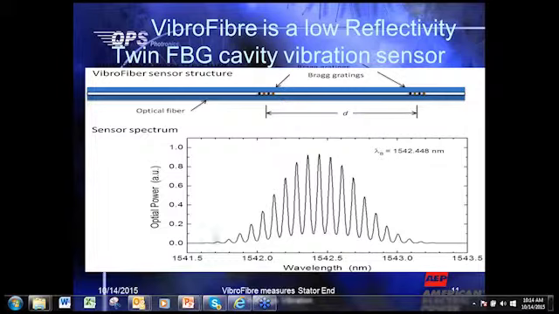As you can see, the envelope shown here is the original grating, and upon the interference, it forms interference fringes which are much steeper and narrower. Typically, let's say this cavity length is somewhere between 10 millimeters or 20 millimeters, and that will provide a fringe bandwidth of 40 to 80 picometers, which is quite sharp.